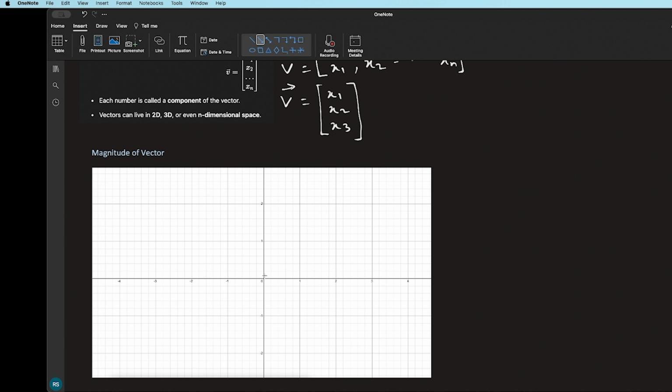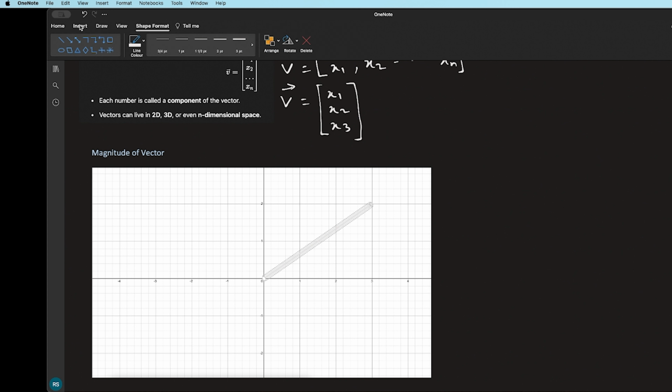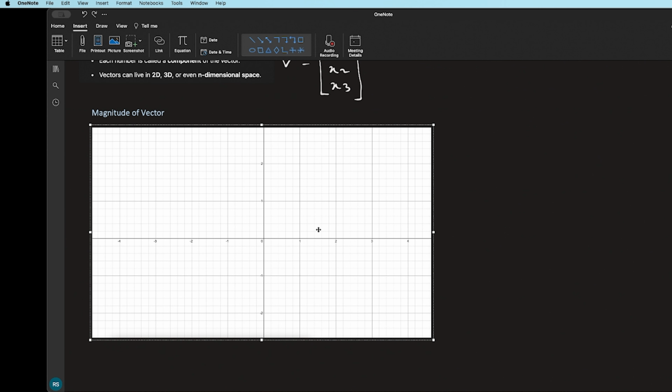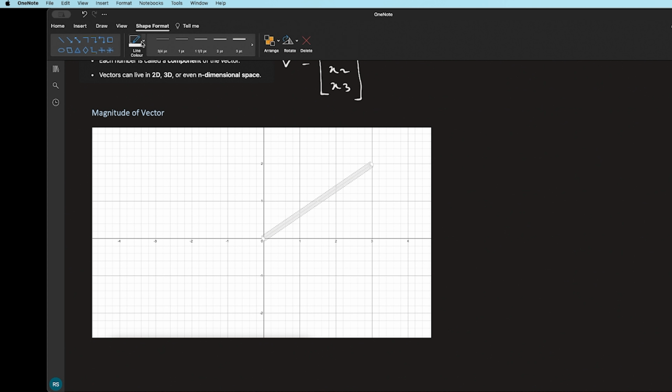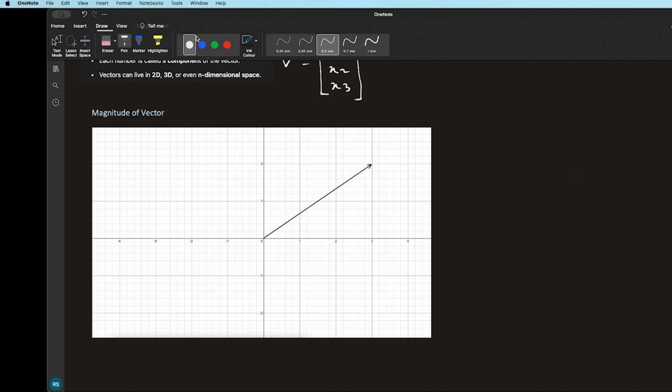So let me draw one vector here. Just a moment, let me draw the vector again. Yeah. If you can see here, this vector starts from the origin and ends at (3, 2).